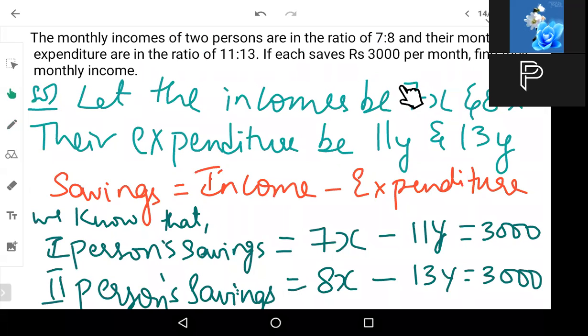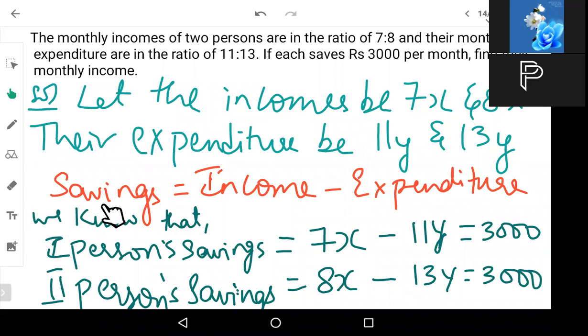Okay, so in this problem, we defined the variables x and y, where incomes we took as x and expenditure as y, and there is already an existing ratio which is given, and then we use this equation, that is savings is equal to income minus expenditure. Okay, and we formed two equations by using the same formula.